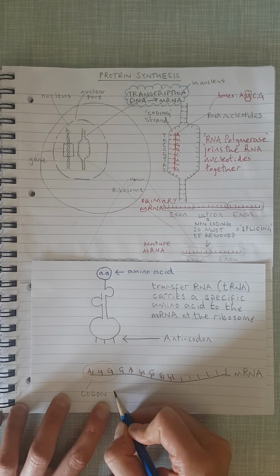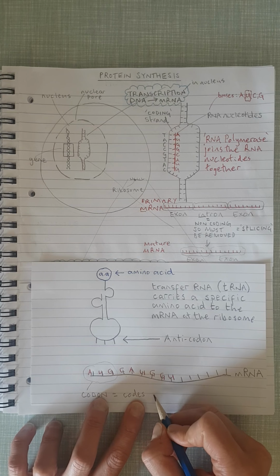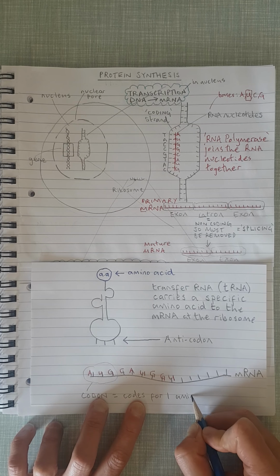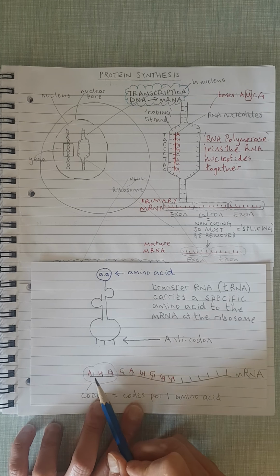And in fact, a codon is just a triplet of bases that codes for one amino acid. That's why it's called a codon, because it's coding for an amino acid. And this particular codon, AUG, codes for the amino acid methionine, for instance.